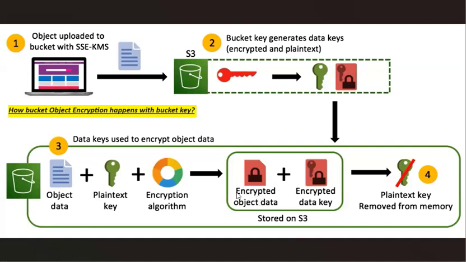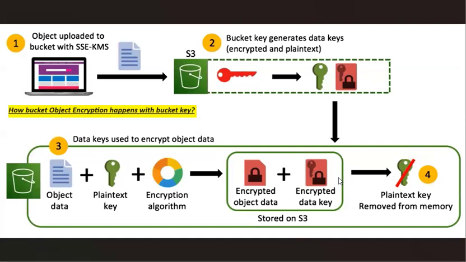Now, this encrypted object data as well as the encrypted data key are saved in the bucket, and the plain text key that was generated will be deleted. In this way, the encryption happens, and your encrypted object data is saved in your bucket, associated with the encrypted data key.